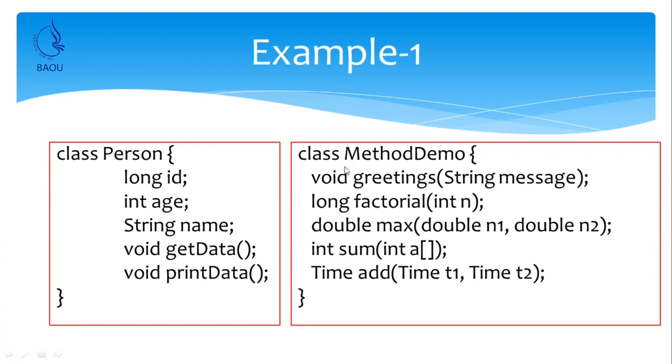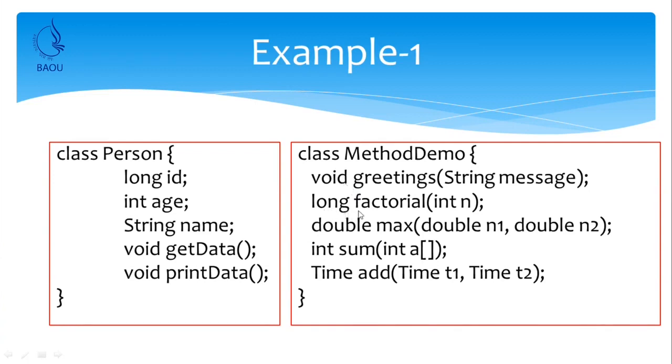Now, another class we are going to write down is MethodDemo, and it simply defines different methods. The first method has a return type void, its name is greetings, and it prints a message provided as an argument. So, this is an example of a method which takes a parameter, but it does not return any value.